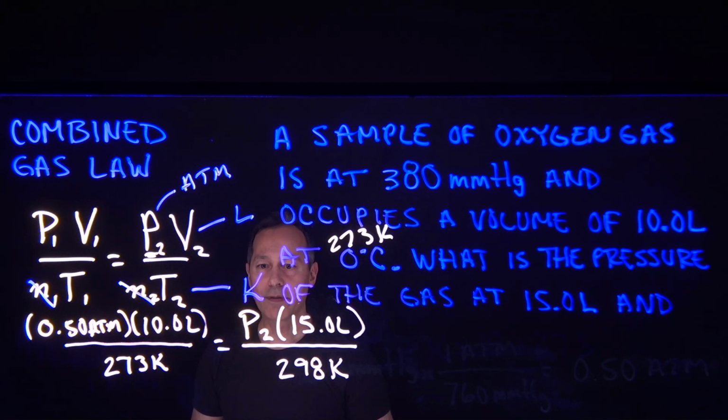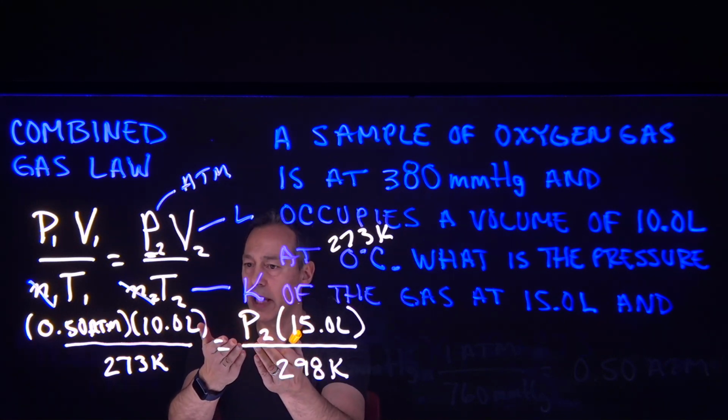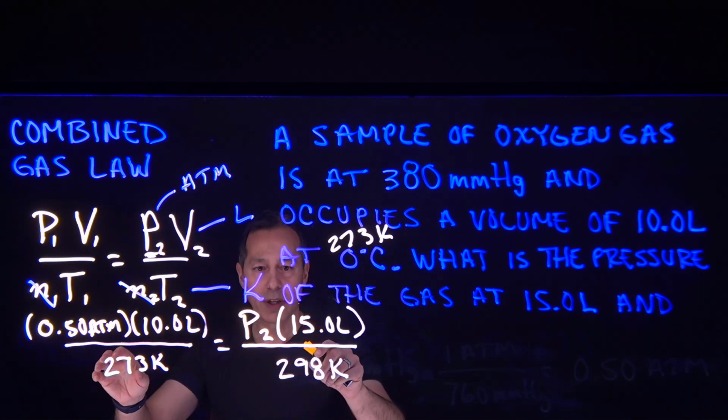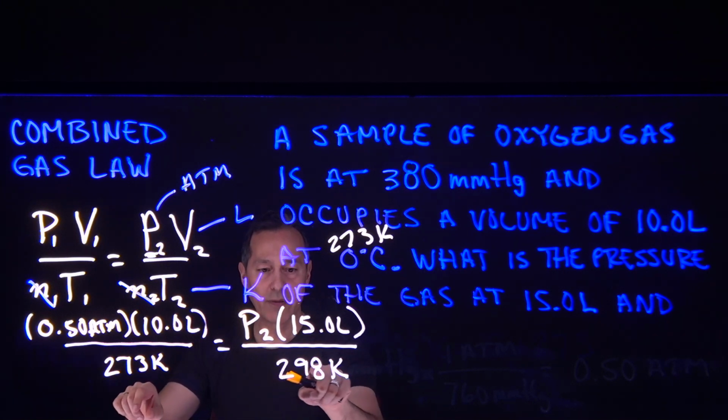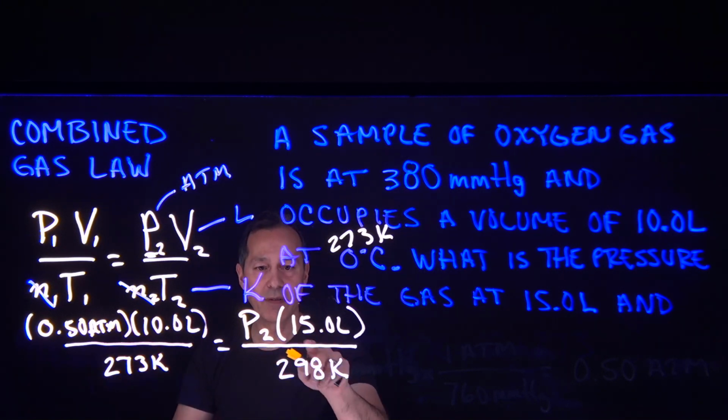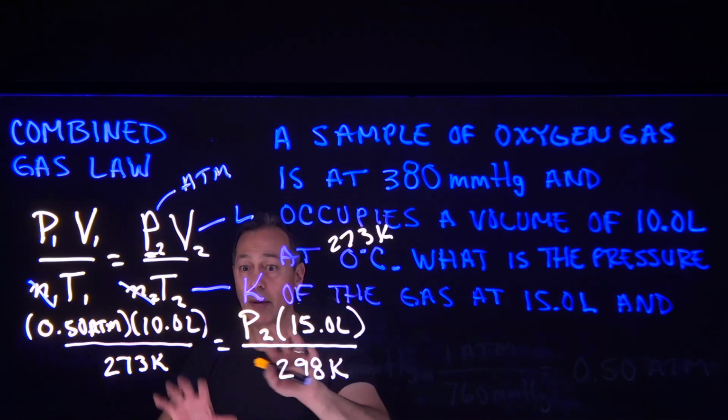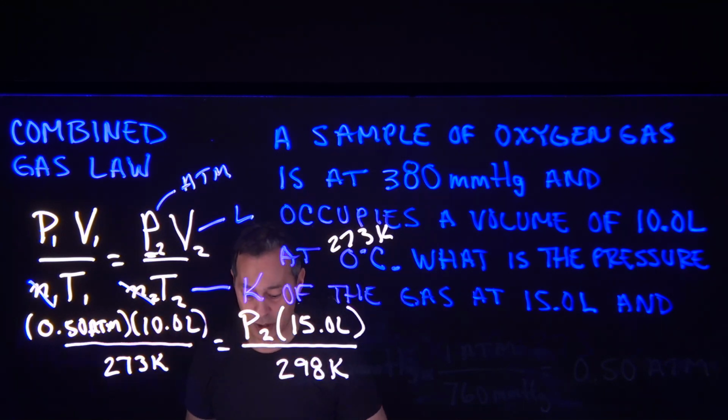Now, to solve for pressure here, I'm going to have to multiply both sides by 298 and divide both sides by 15 liters. That gets rid of my 15 and my 298, and I'm left with just my pressure here.